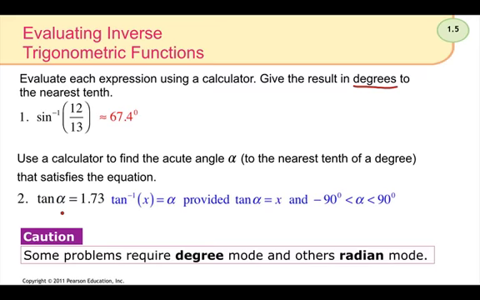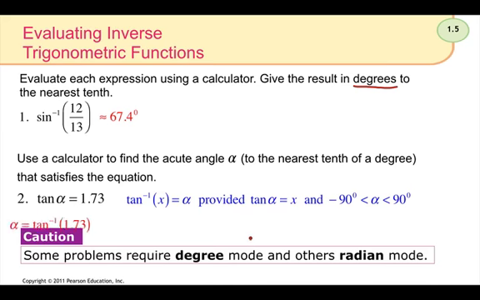And let me just highlight what you saw on the previous slide, the definition of inverse tangent. So if I want to find the angle that generates 1.73, I need to work with this. The angle is going to be generated by the tangent inverse of this x value, which is going to be 60 degrees once you round to the nearest tenth.